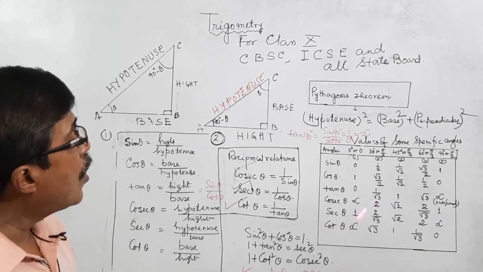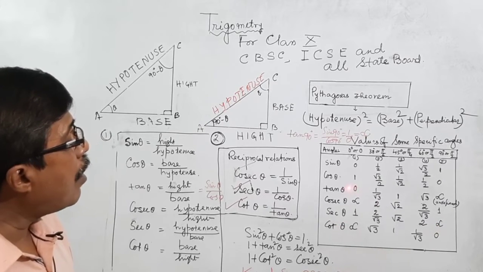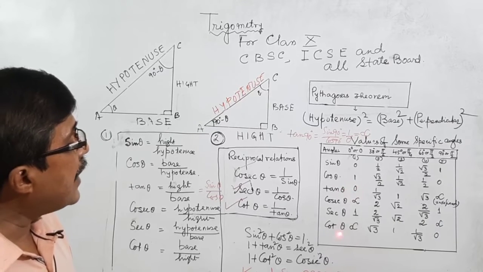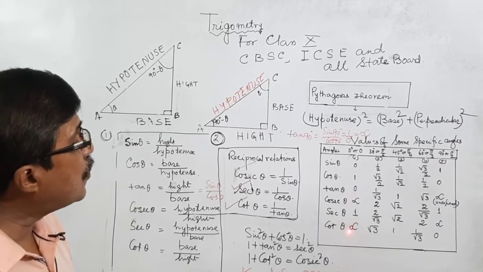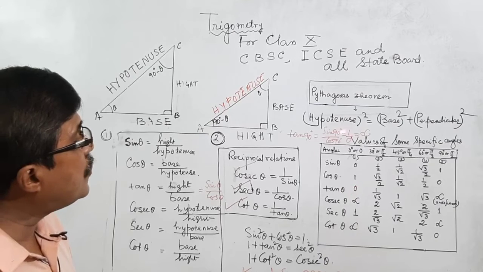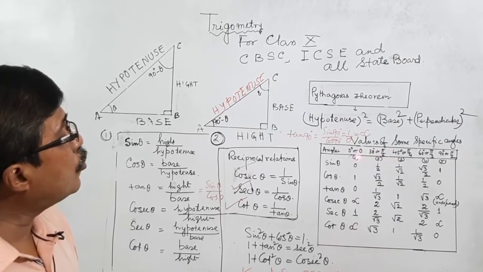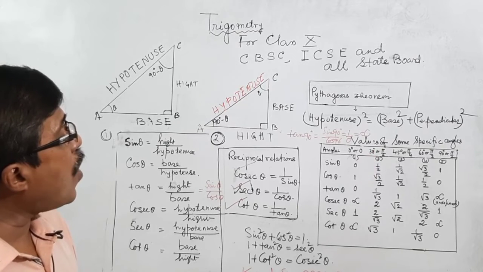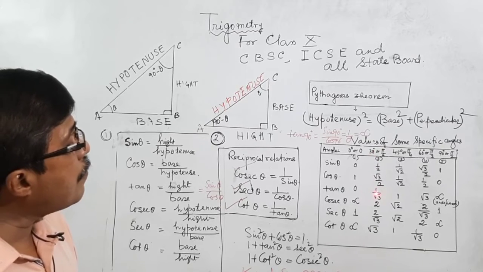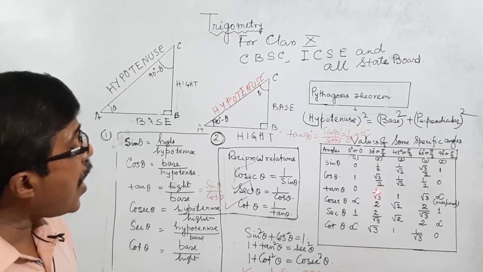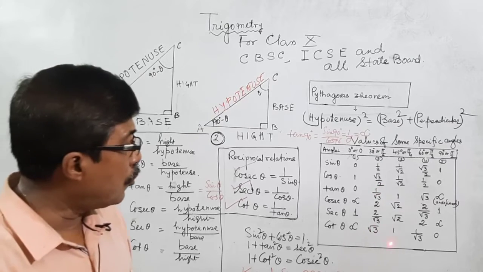Then cot, cot is the reciprocal of tan, that means cot 0 equal to 1 by tan 0 equal to 1 by 0 equal to undefined. Now cot 30 equal to 1 by 1 by root 3 equal to root 3.